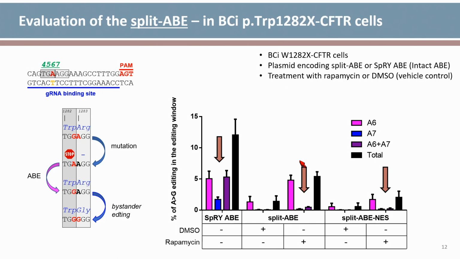So we continue to characterize this split ABE system and to try to understand if these low levels of bystander effects are just due to the fact that the correct editing is also on the low side. And we are trying to improve the guide RNA that we are using.